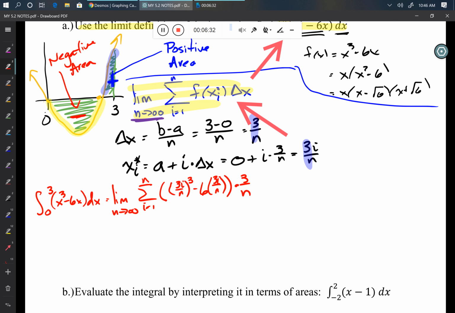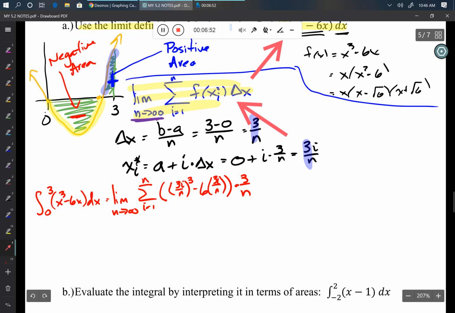So all I did is I took the formula for the limit summation and plugged things in. f of x sub i is that first set of parentheses, delta x is that 3 over n on the end. So I'm just making the pieces and parts fit where they need to fit.